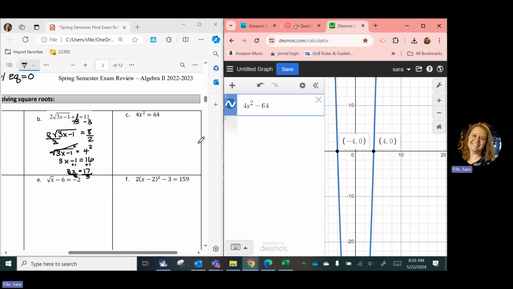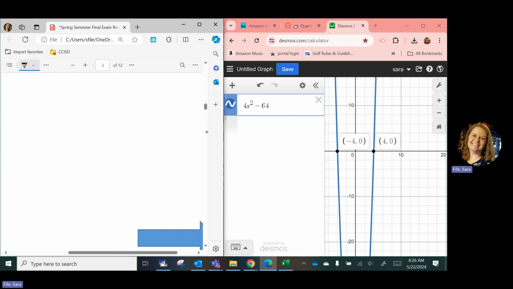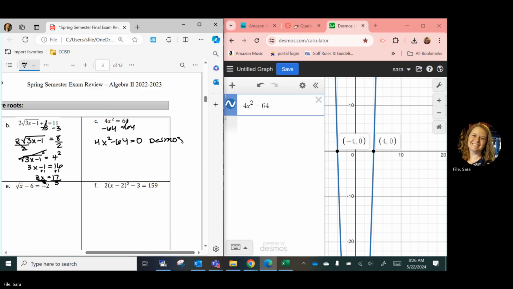I had to subtract the 64 over so that I had it like this in Desmos. And I looked at the Desmos graph. I had to get it set equal to 0 to look at the graph, but then I can see my answers are at -4 and +4.